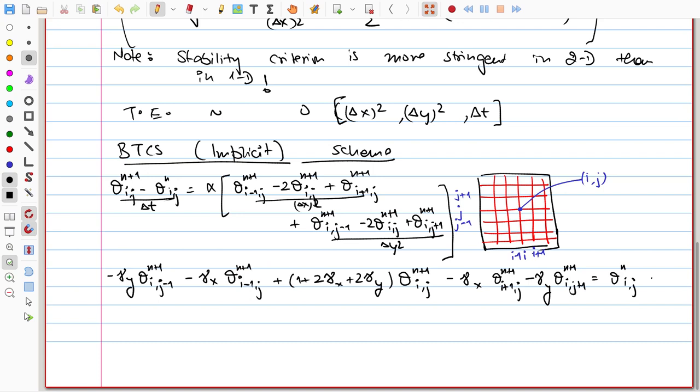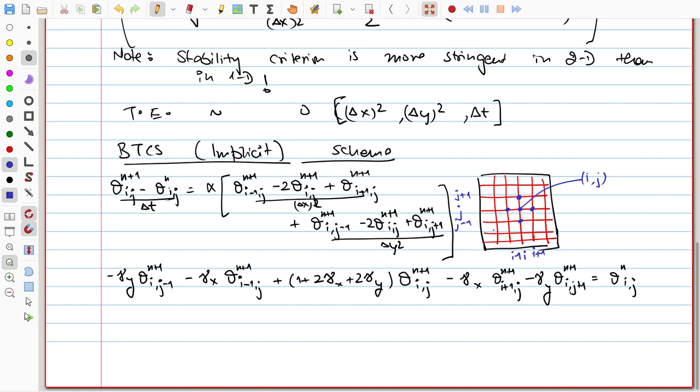So the only coefficients I have in this equation are gamma x and gamma y. On the left hand side all the unknown terms are there, right hand side all the known terms are there. So this is a linear equation. The unknowns are, for the n plus 1th time, i comma j, i minus 1 comma j, i plus 1 comma j, i comma j minus 1, and i comma j plus 1.